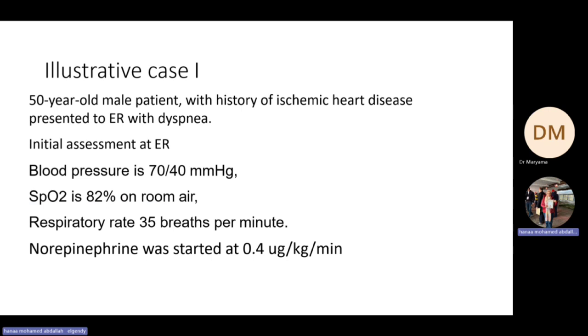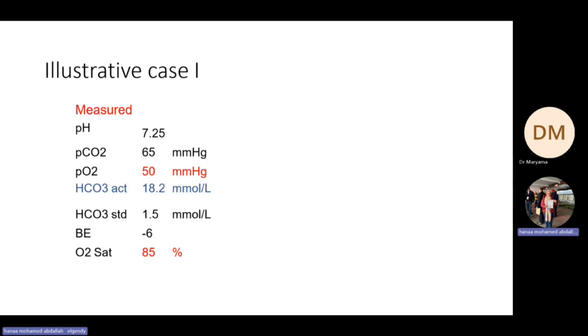We have two illustrative cases. The first one is a 50 years old male patient with a history of ischemic heart disease who presented to the ER with dyspnea. In the initial assessment at the ER, his blood pressure was 70 over 40 millimeter mercury, SpO2 was 82% on room air, respiratory rate 35, and norepinephrine was started at 0.4 mic per kg per minute.